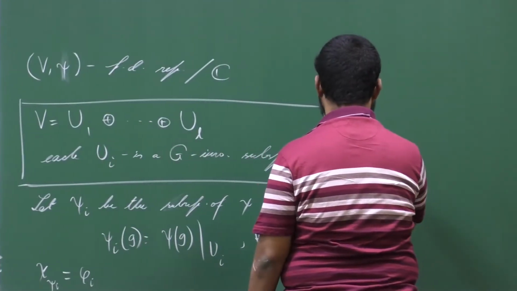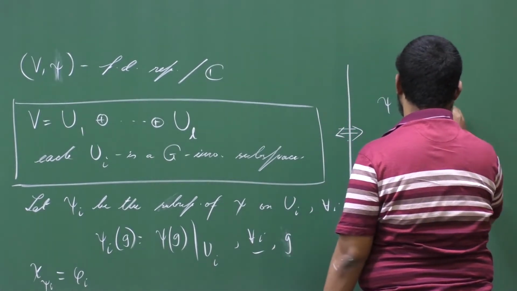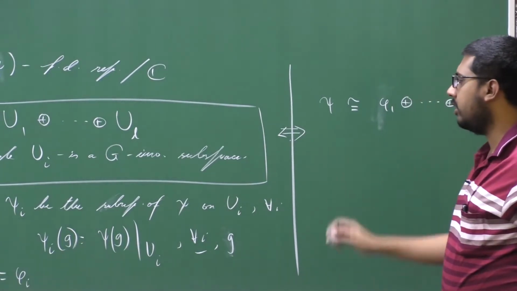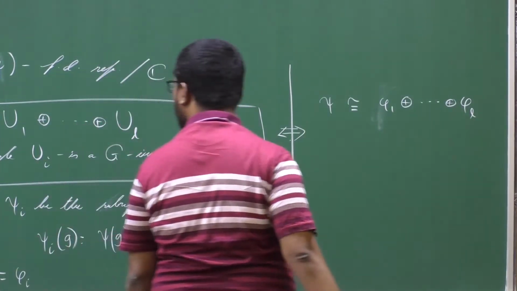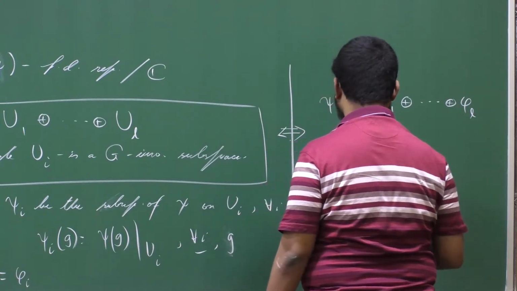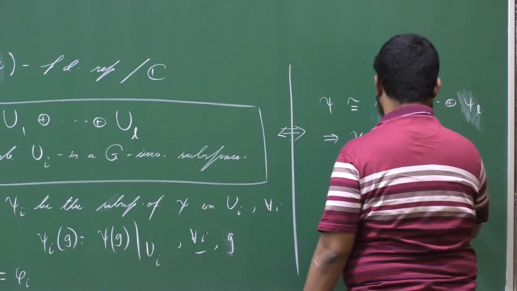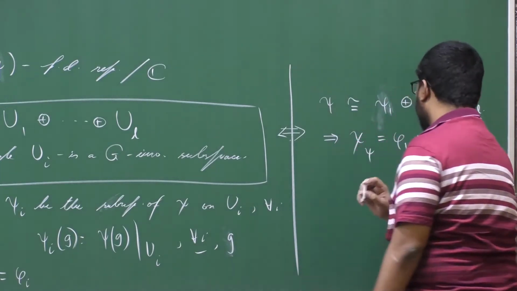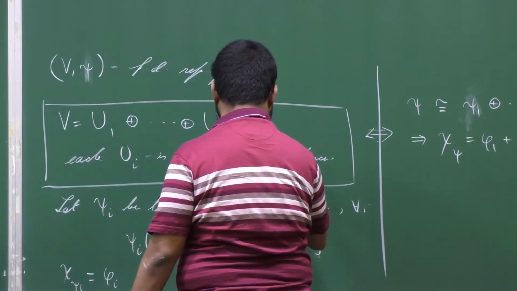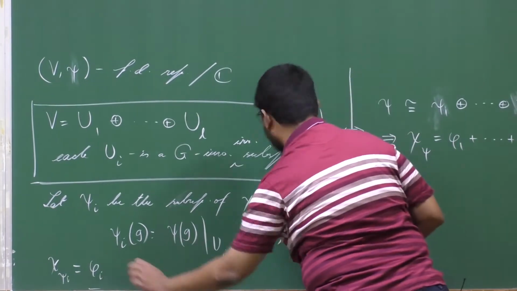Another way of putting this is that the representation psi is isomorphic to the direct sum of psi 1 up to psi L. Hence what we obtain from here is the character of psi, and remember that all these are G invariant irreducible subspaces. Therefore each psi i is irreducible, hence their characters are irreducible characters.